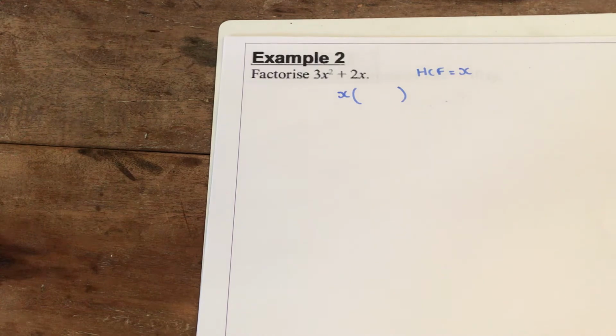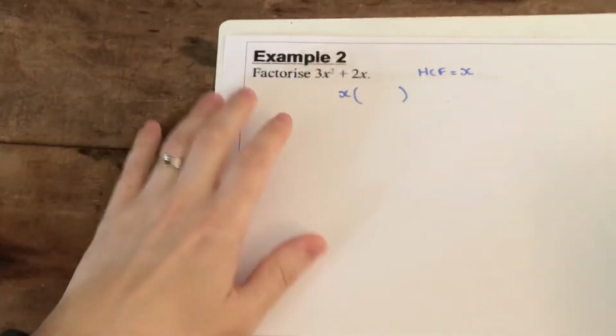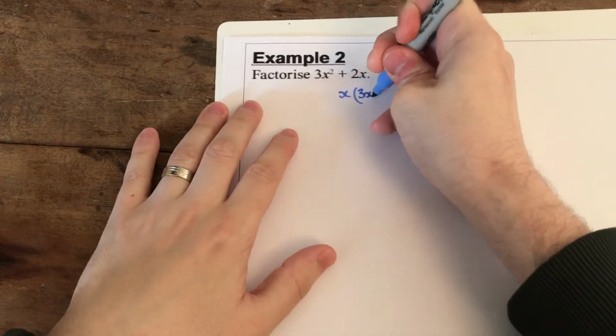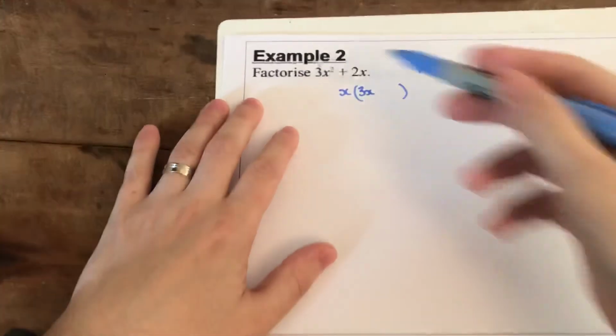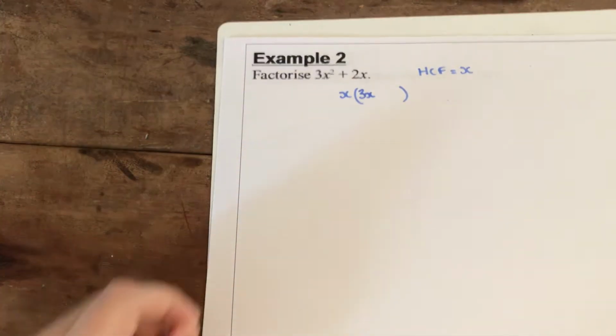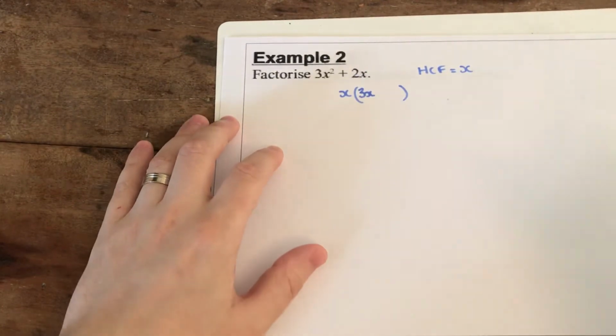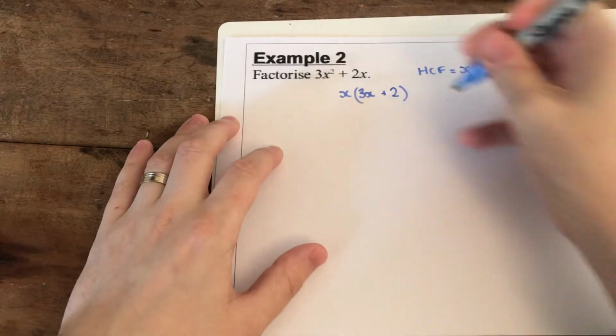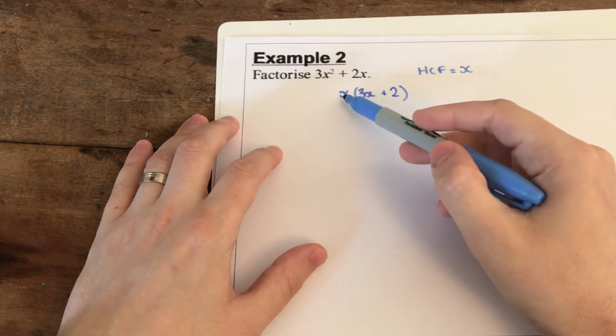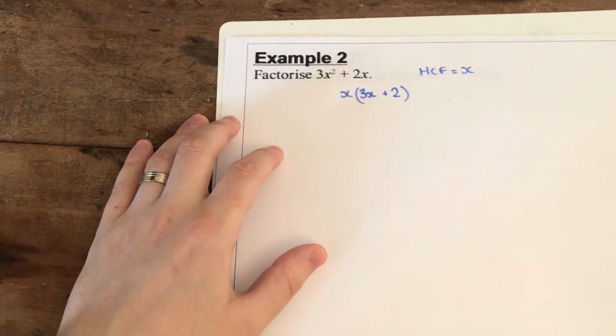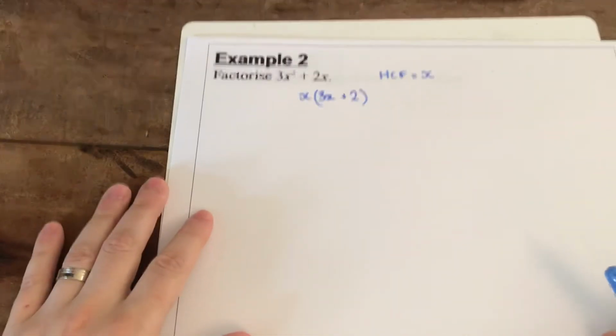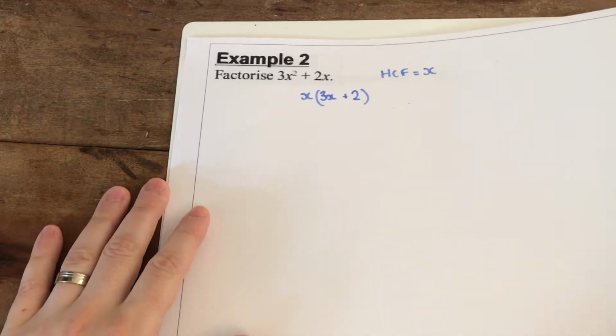I then say, how many times does x go into 3x squared? Well, it goes in 3x times, because x times 3x gives me 3x squared. How many times does x go into 2x? It goes in twice. Alternatively, I can say, what do I multiply x by to get to 2x? I multiply it by 2. And that's all I need to do for that question.